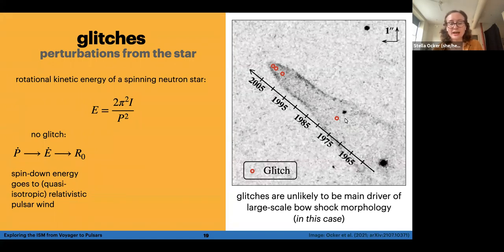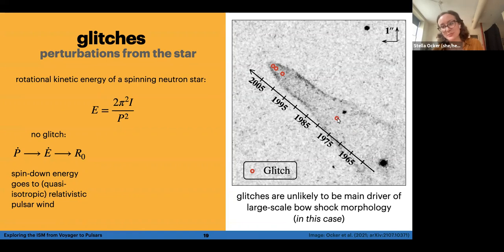And what we find is that it's really unclear whether the glitch was large enough to actually produce a change in the standoff radius that's detectable on these spatial scales.